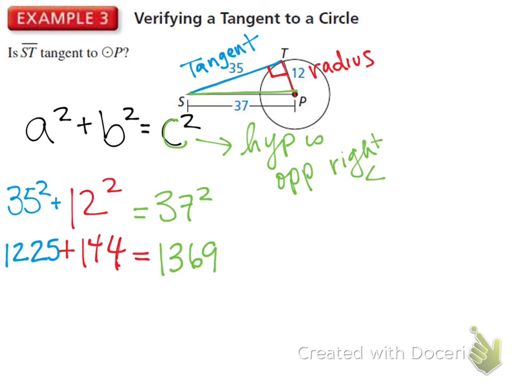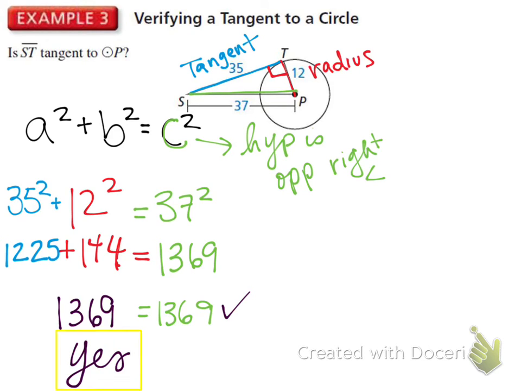What is 1225 plus 144? Correct. So it is a right triangle, which means that they are perpendicular. So is ST tangent to the circle? Yes. So you're going to put yes.